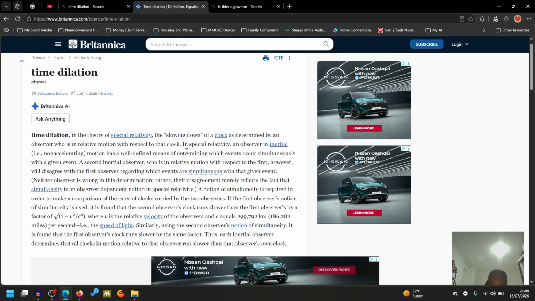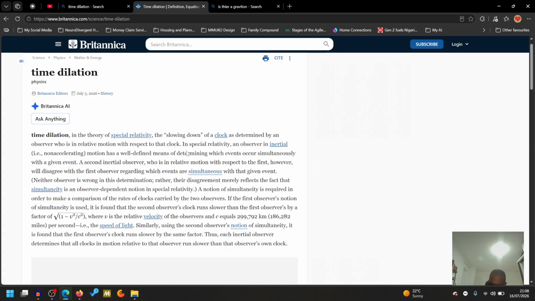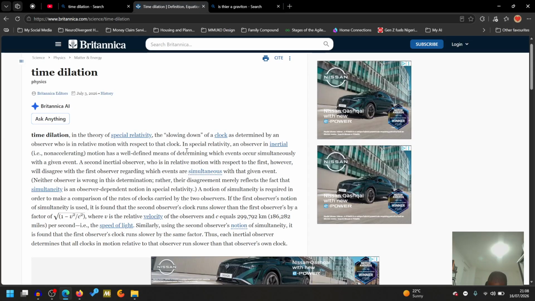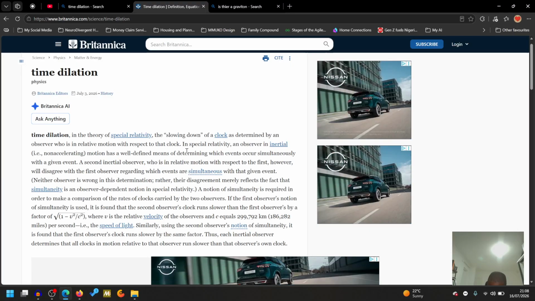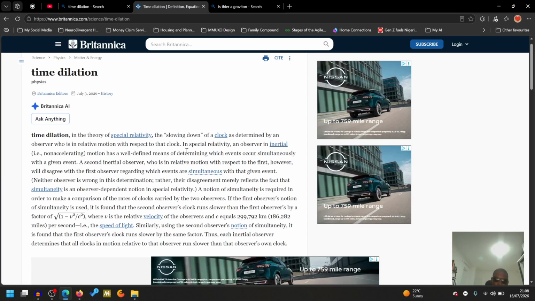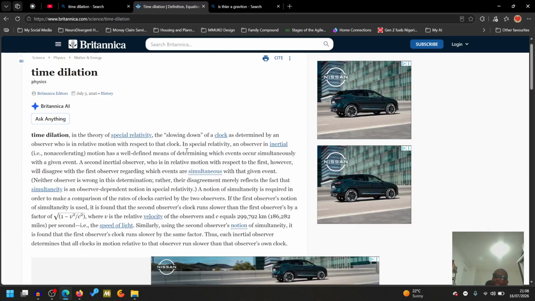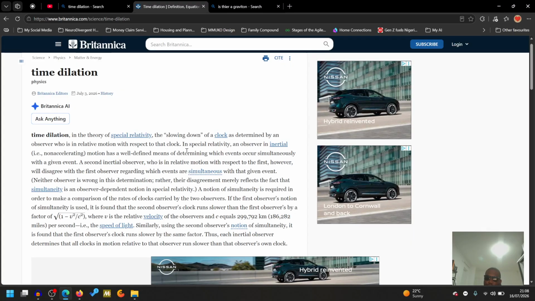Gravity is there. Gravity is defined through the energy equation, energy equals mass times the speed of light squared. E equals mc squared is my first equation.